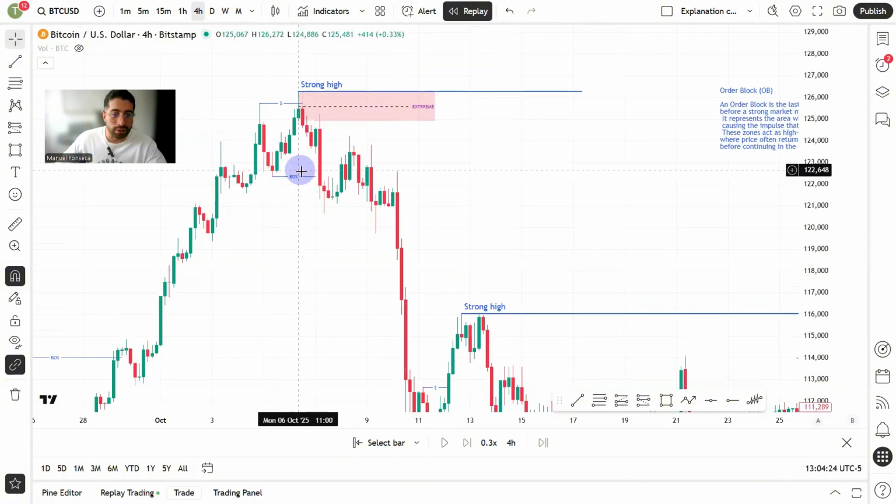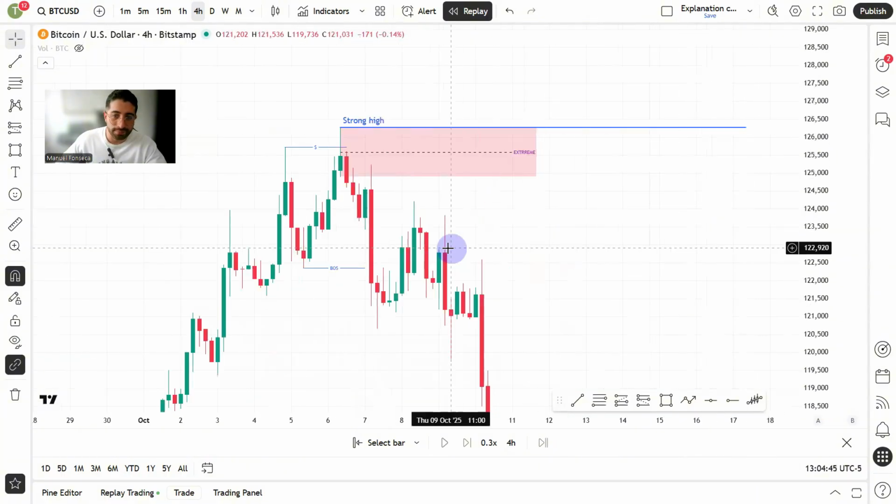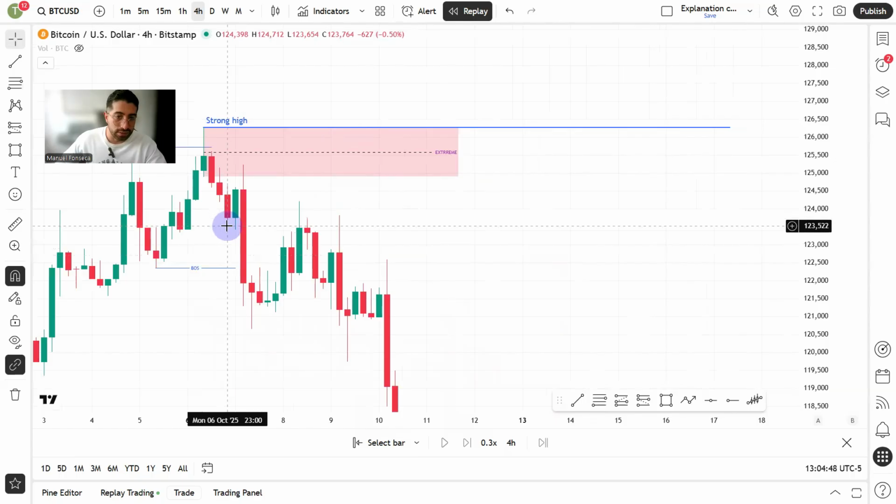Well, after we have this break of structure, we will need to find the order block, which is this bullish one. So this bullish will be this green candle. But actually, can you spot the low of this red candle? Let me zoom in. It closes at this point, but even though it is a bearish candle, it makes a lower low, right? So because it's green doesn't mean that it's bullish.